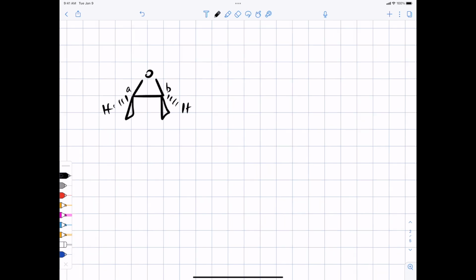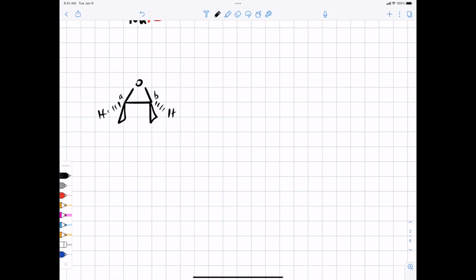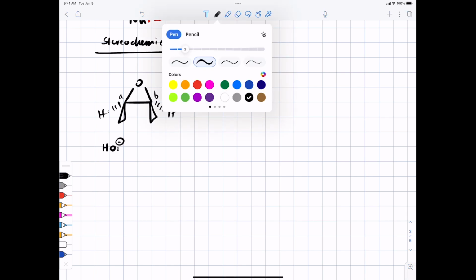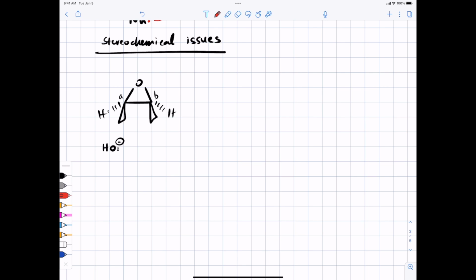All right, let's choose as a nucleophile, in this case, OH minus. So these will be the stereochemical issues associated with epoxide opening. We'll do the regiochemical issues in just a little bit. Are carbons A and B equivalent to each other?